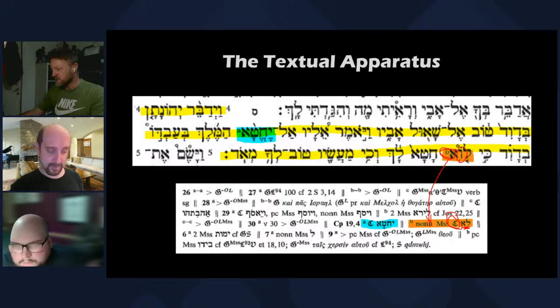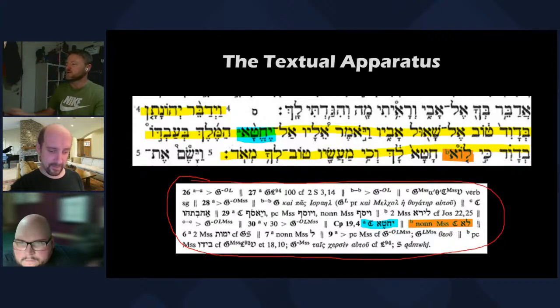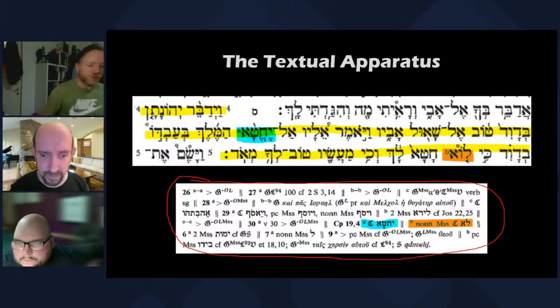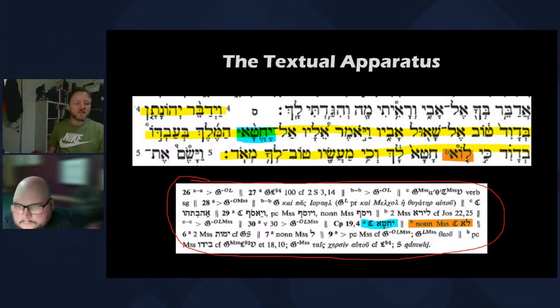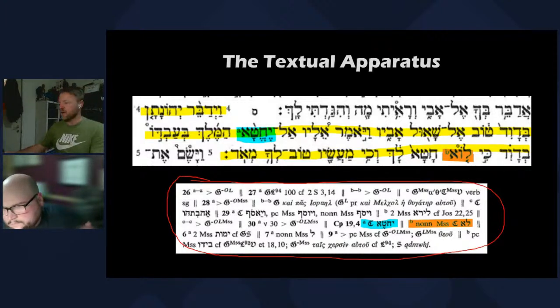So what's the purpose of the textual apparatus at the bottom of the page? This is the textual apparatus of this page. It's to give us alternative readings, suggested emendations, what it says in the Septuagint, what it says in the Dead Sea Scrolls, what it says in the Syriac, the Peshitta. We have marks for all of these things.